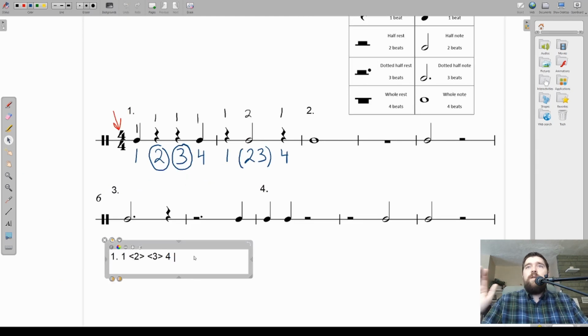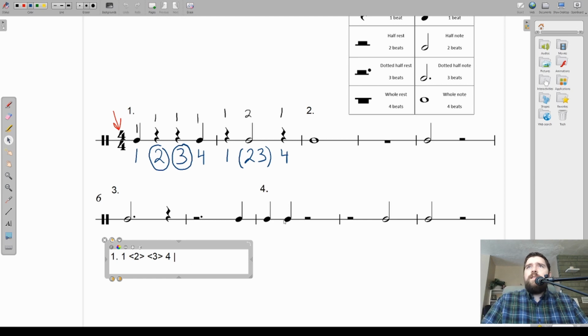Now when I have a new measure, I differentiate it by creating that bar line symbol. To create that symbol, you press Shift plus the slash key, and that creates a vertical line. It is right above the enter key.